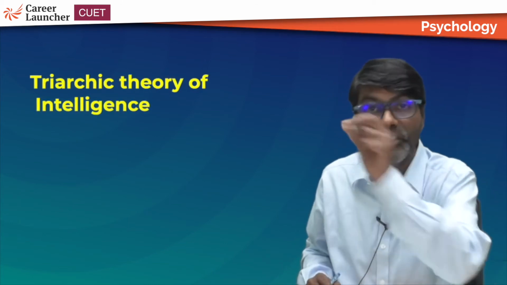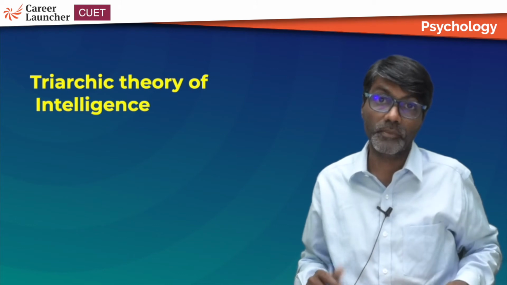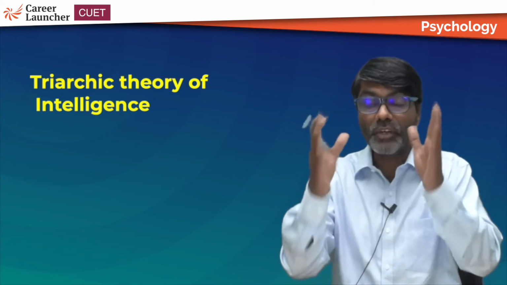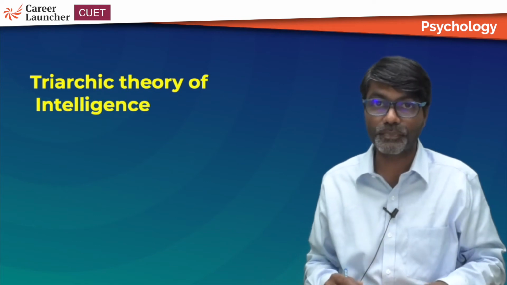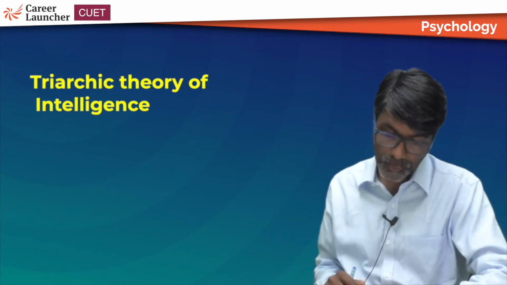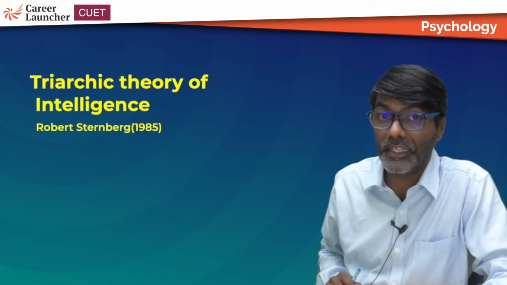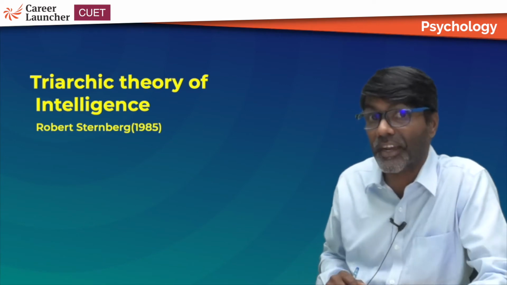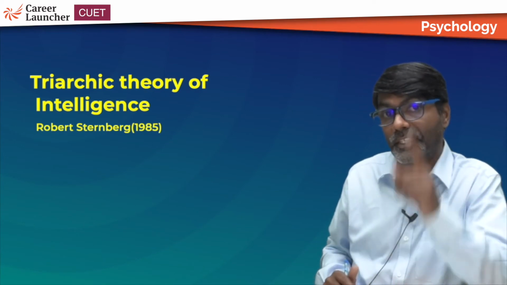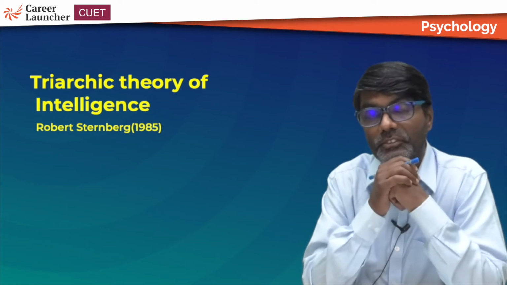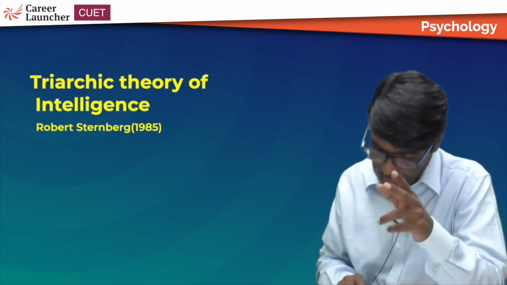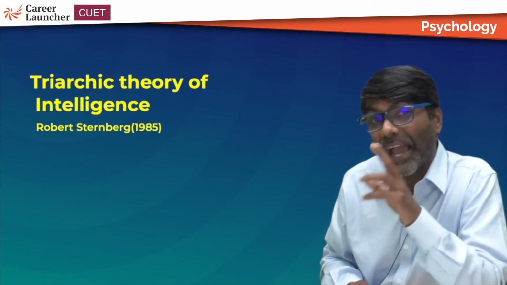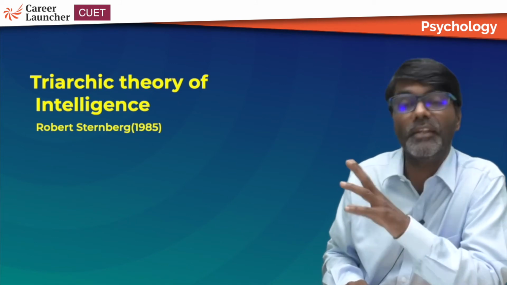The theory is called the Triarchic theory of intelligence. While Howard Gardner said that there are 8 types of intelligences, look at now the theory by Robert Sternberg, given in 1985. It has got 3 dimensions. One is the cognitive, which also is called the analytical or componential intelligence.